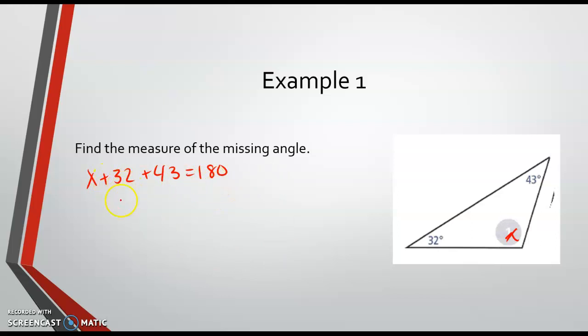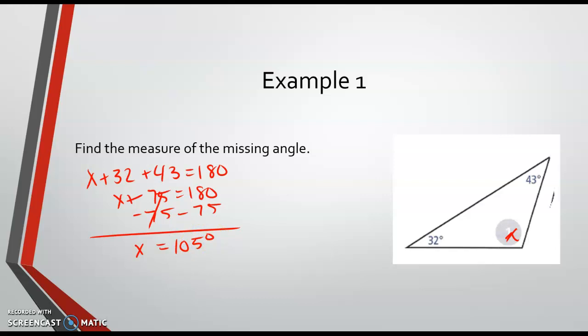So x plus 75 equals 180. Subtract the 75. So x will equal 105 degrees. And then that's it.